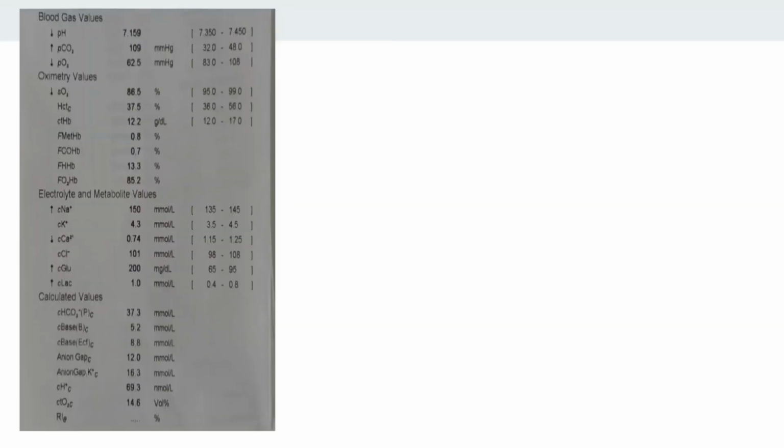So it is compensated. Next example: the pH is 7.159, PCO2 is 109, and bicarbonate is 37.3.